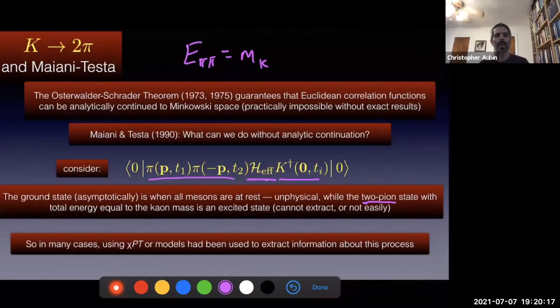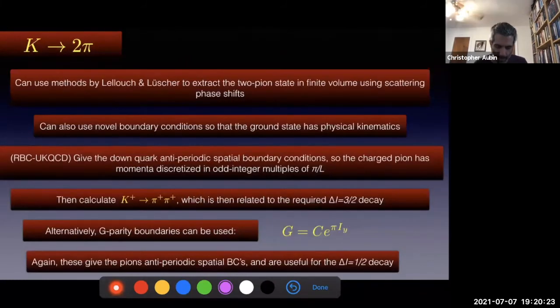One way is using the Lellouch-Lüscher method, which allows us to extract the 2 pion final state in a finite volume using scattering phase shifts. I'm going to be giving out a bunch of references, and I'll give some references for that as well.